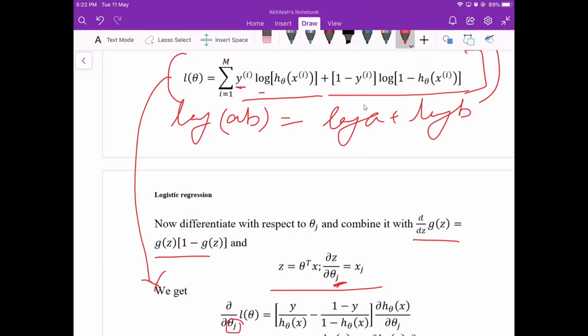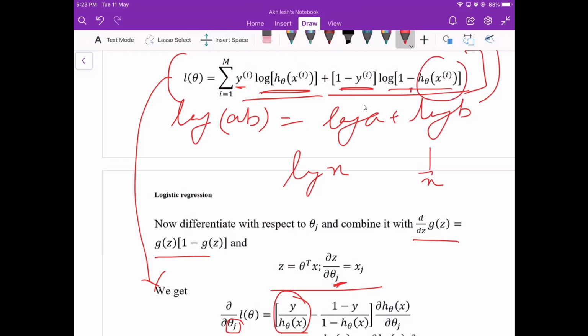The differentiation of log x is 1 upon x. So we differentiate it: y into 1 upon h theta x, plus 1 minus y is constant, and this differentiation 1 upon this. In both cases we have h theta, and here is the minus.